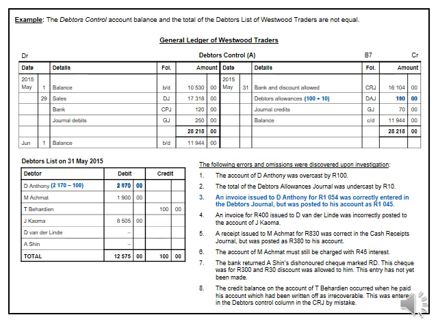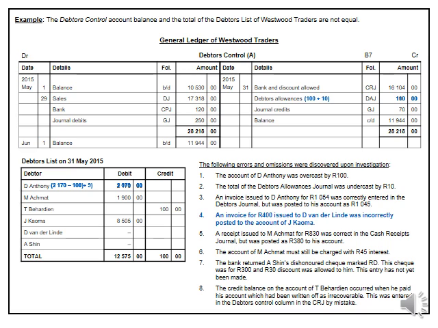So we should have increased his account with 1,054, but we only increased it with 1,045. In this case, the amount is undercast by 9 Rand. And whenever an amount is undercast, we need to do the same. We add an invoice, so we also need to add 9 Rand to D. Anthony's account to fix his balance.